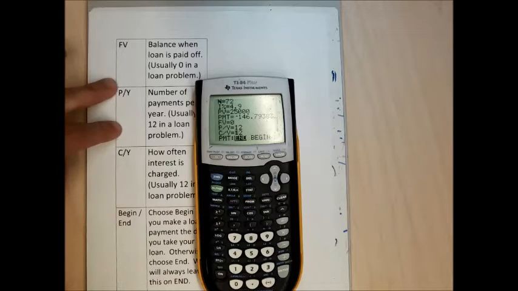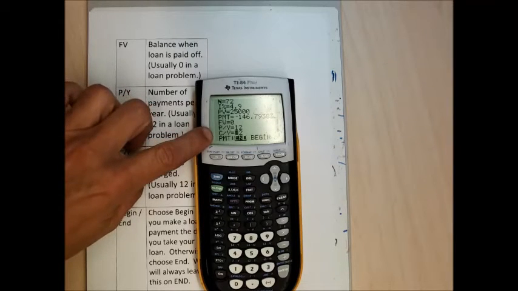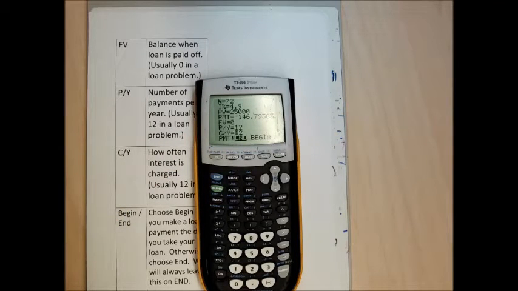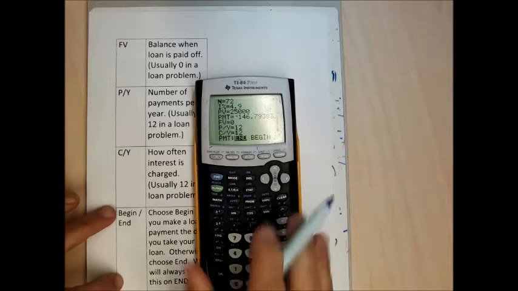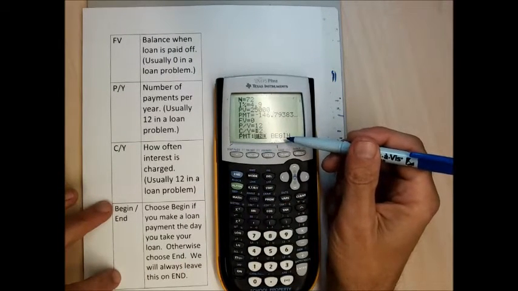So PY, number of payments per year, CY, number of times interest is charged per year. And in a loan problem, the payments per year and the number of times interest is charged per year is generally 12. The last line says payment end begin.